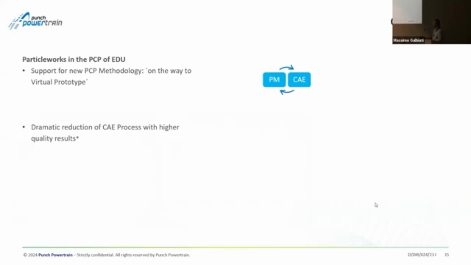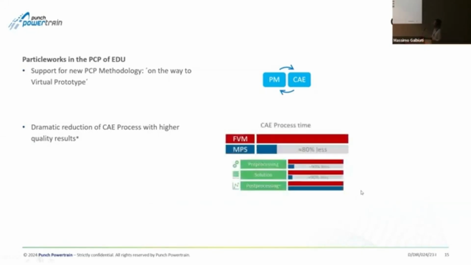So Particleworks shows that it can take us closer to virtual prototyping. And here are some numbers. I measured the time with finite volume methods. We actually have not only one but other tests from other providers in the area of finite volume, and these are the numbers I came up with. So it's a dramatic reduction of the time for the process as a whole.